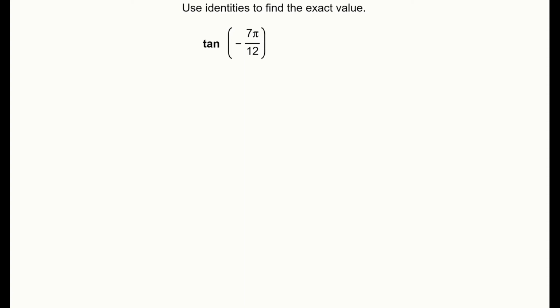So the first thing we'll go ahead and do is recall that the tangent of negative x equals negative tangent x. Remember that tangent is an odd function, so that's why it behaves that way. So we'll go ahead and rewrite this as negative tangent of 7 pi over 12.